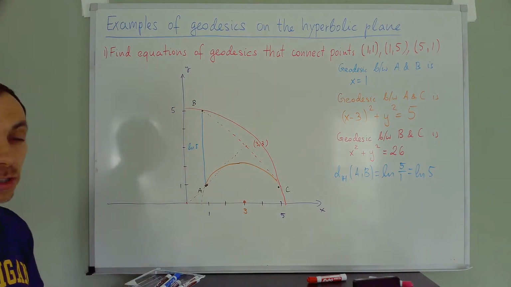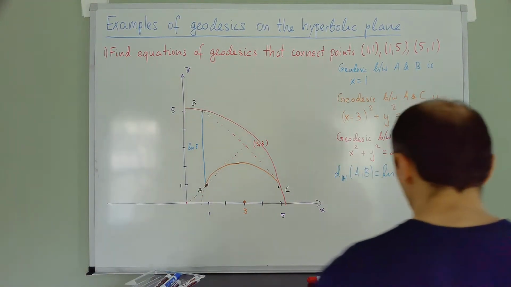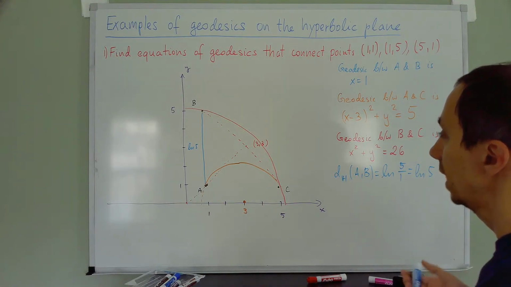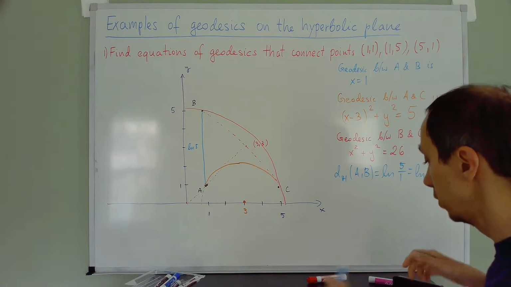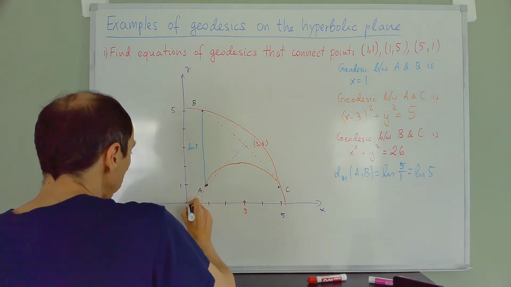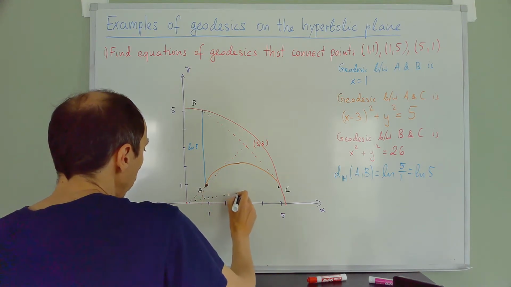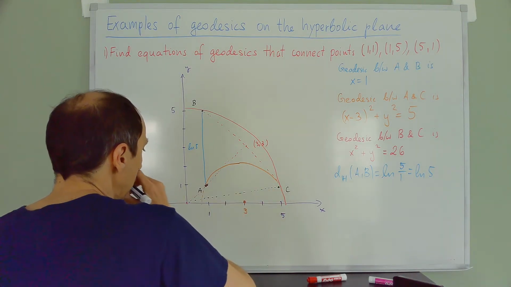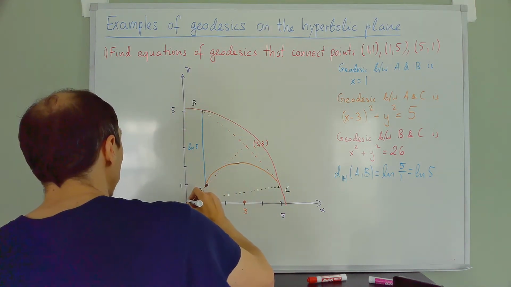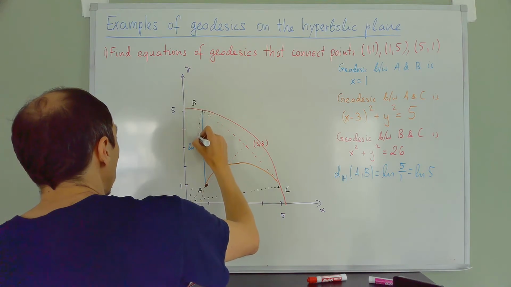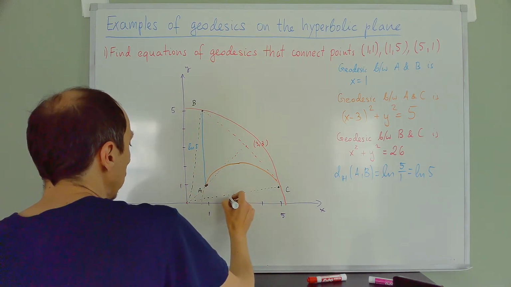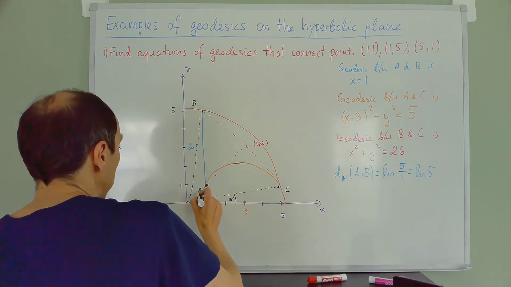Now, the other two are somewhat more complicated, because you need to look at the angles, and so this is something that you can use a calculator for. Because this circle here is centered at the origin, I just look at the angles from the origin. Okay, so here is angle alpha, and this one here is beta.